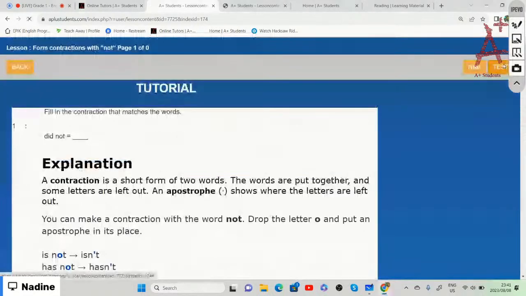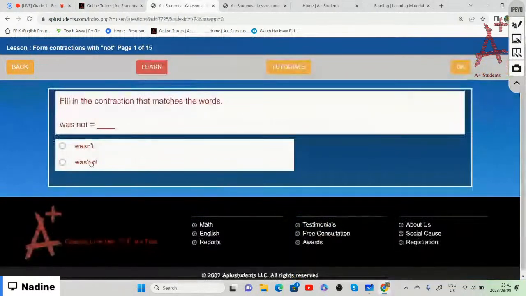All right, so now we're going on to our test. We need to fill in the contractions that match the words. So, was not. If we find the contraction, the short form, of these two words, was not, is it the first one, which is wasn't, or was not, where we just put the apostrophe in between the two words?